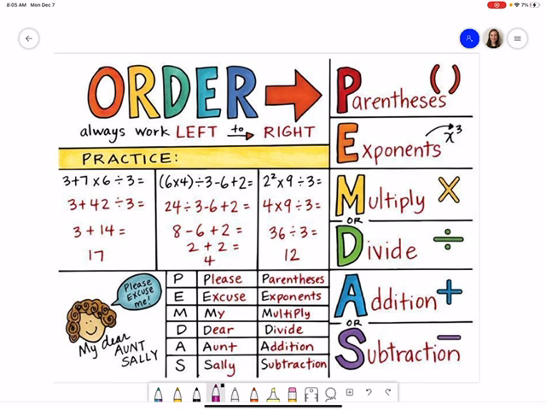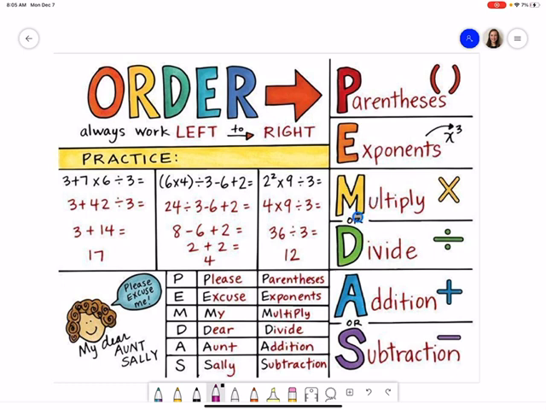We want to make sure it's really solid in our brains right now. When we're talking about the order of operations, we're talking about the order that we solve a problem in. Our parentheses are always going to go first. Then our exponents, which we learned about. Then we multiply or divide, whichever one comes first, moving left to right.